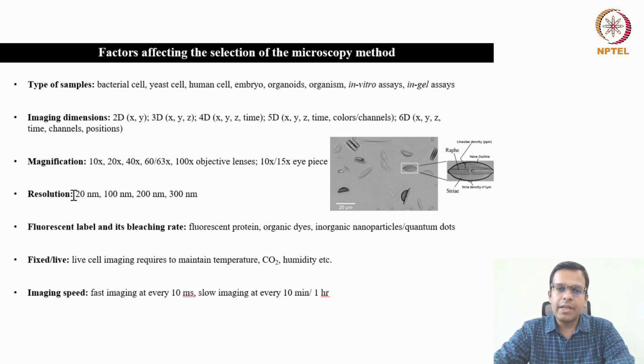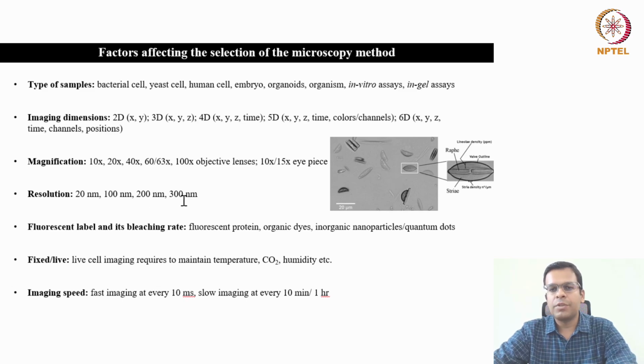Again, you have to decide what resolution you need. Microscopes are available with 20 nanometer resolution to 300 nanometer resolution. But what resolution is required for your imaging application? So let's say, suppose this is an image of various diatoms. Now, if my research question is just to count the number of diatoms or just to see the size and shape of the diatoms, I do not need a better resolution.